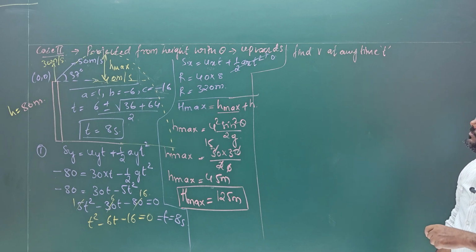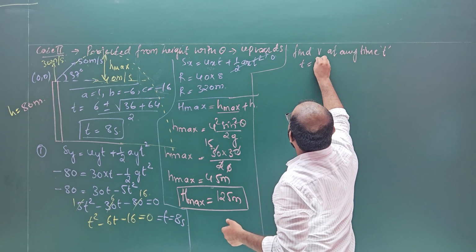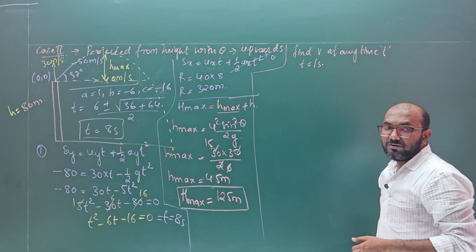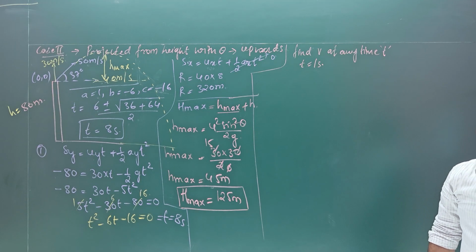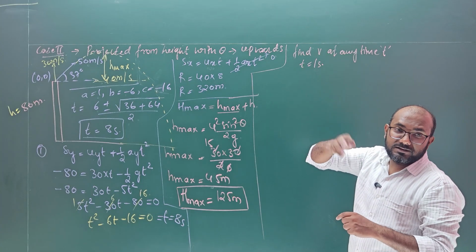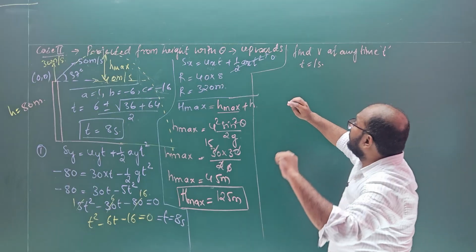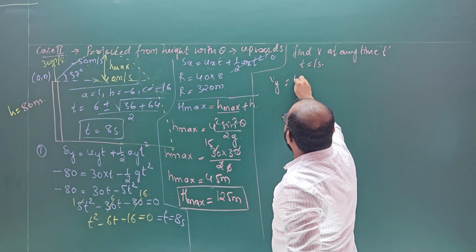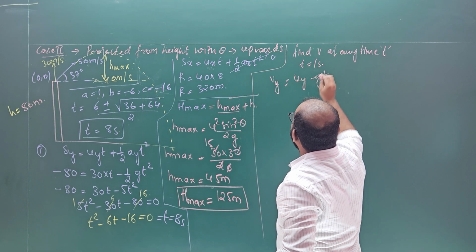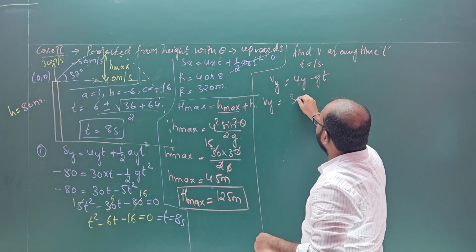So we can calculate at any time t equal to 1 second or 2 seconds, whichever you want to take. So finding the velocity at t equal to 1 second. That means, can I say that the body is still going in the upward direction? Can I say Vy and Vx both will be positive this time? Okay. So Vy is equal to Uy minus gt, and Uy is what? 30.